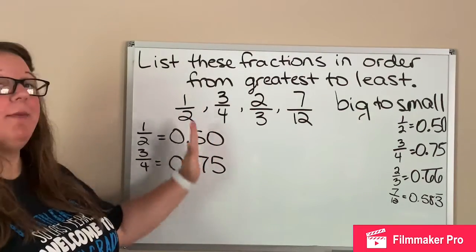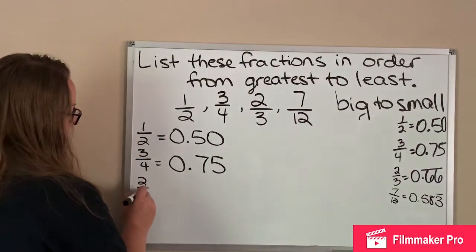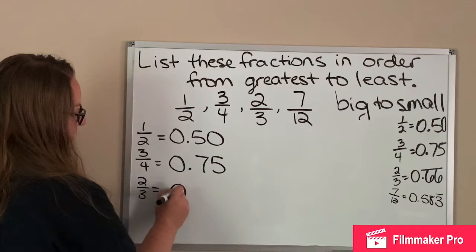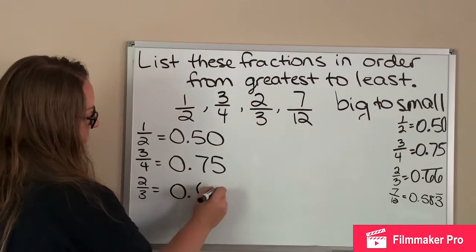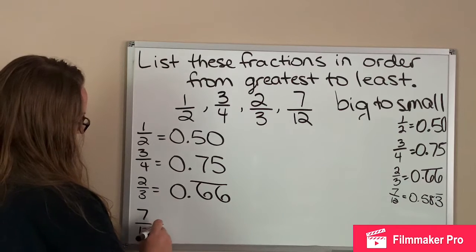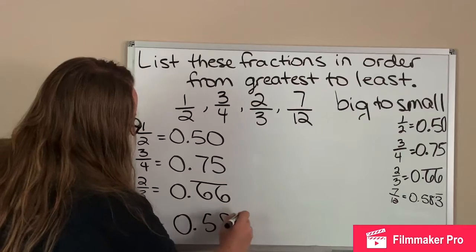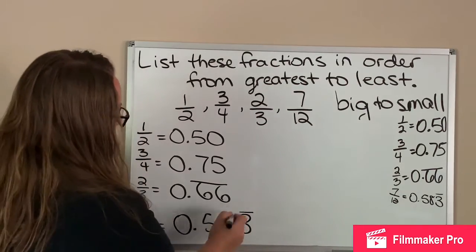I'm lining them up in a nice, neat list. Okay, so I've got 2/3, and I've got 7/12, which was 0.583, and that 3 was repeated.